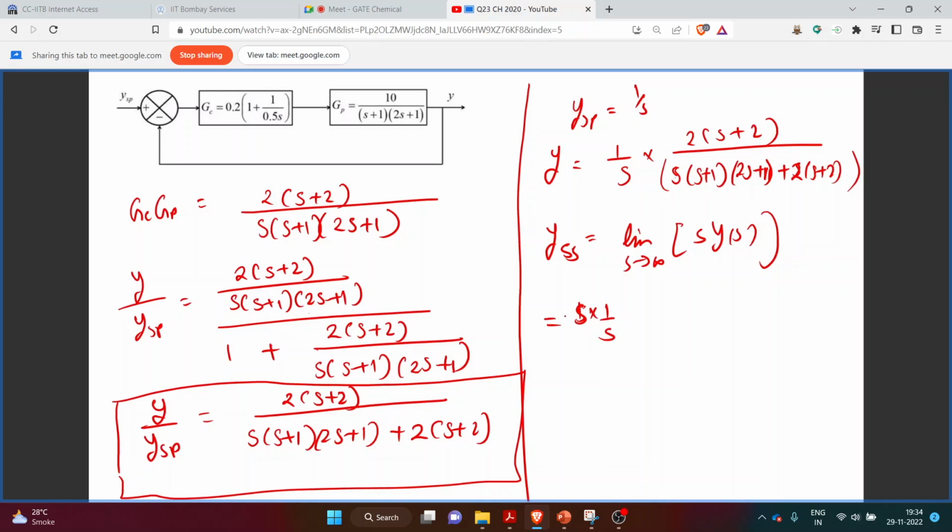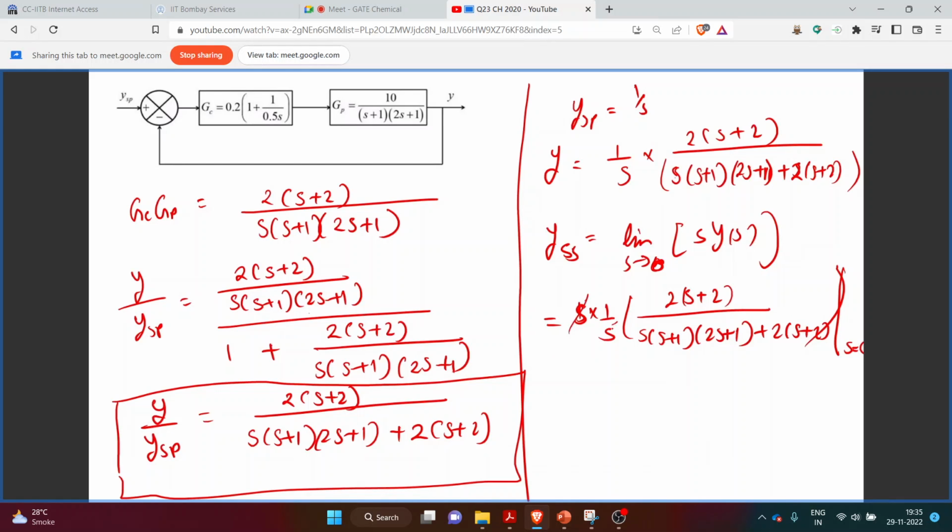We will be having s into 1 upon s into 2s plus 2 upon s plus 1 into 2s plus 1 plus 2 into s plus 2, where we have to put s tends to 0, so we put s equal to 0.